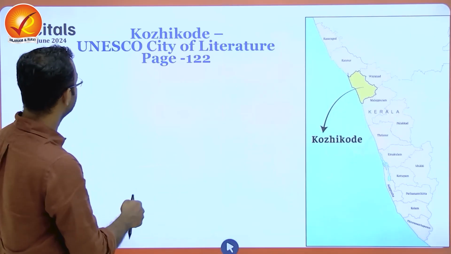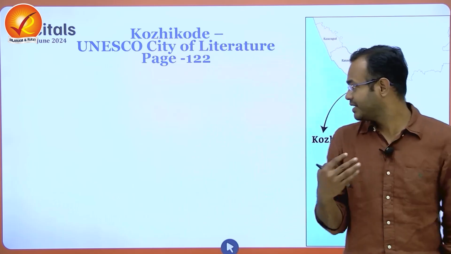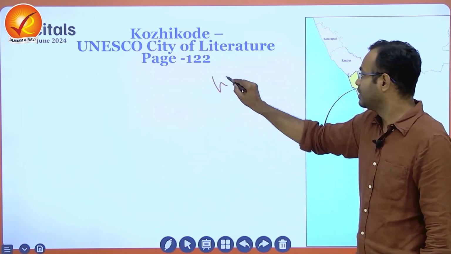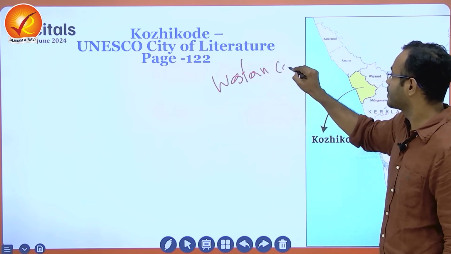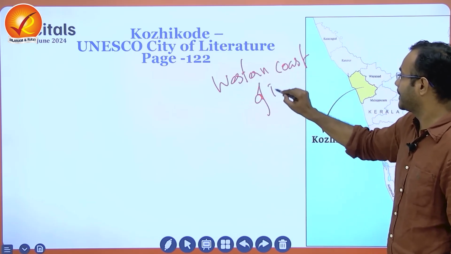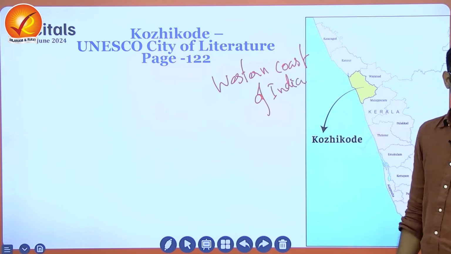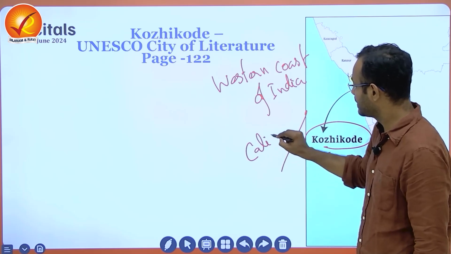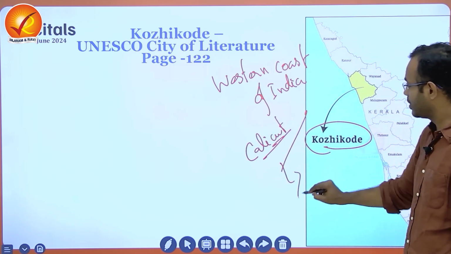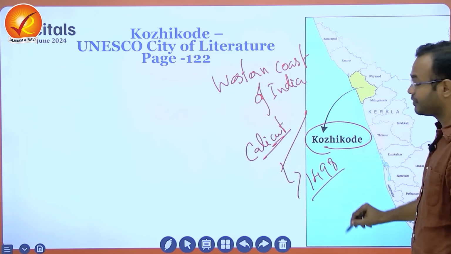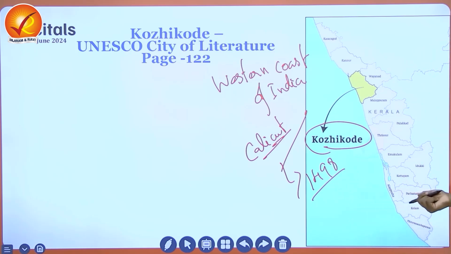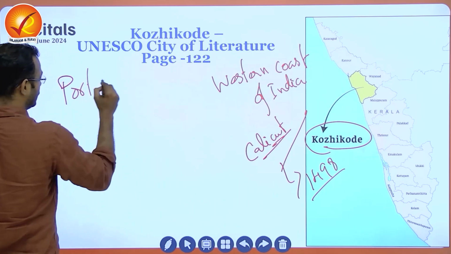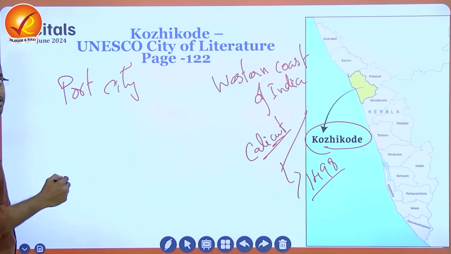Moving on to the next topic, the Kozhikode region, which is again in the state of Kerala. Kozhikode is on the western coast of India. Kozhikode is also called Calicut, known in history for the 1498 entry of Vasco da Gama into the region, and Kozhikode or Calicut is prominently known from history as a port city.